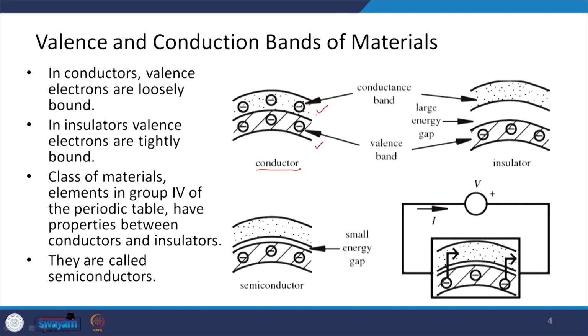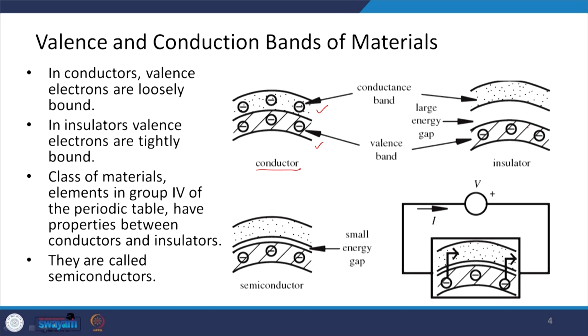If we talk about an insulator, then we can see that in an insulator there are almost no electrons in the conduction band, and there are a few electrons in the valence band, and there is a very large energy gap between the conduction and valence band.